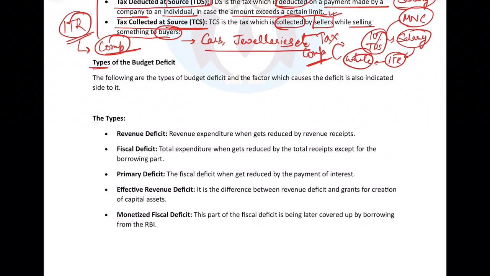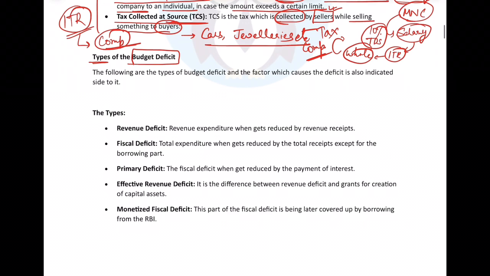Now there are different types of budget deficit. Before going into budget deficit, there are two types of budget: revenue and capital. Revenue deals with revenue expenditure and revenue receipts.